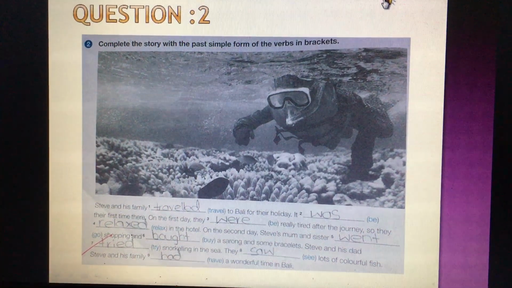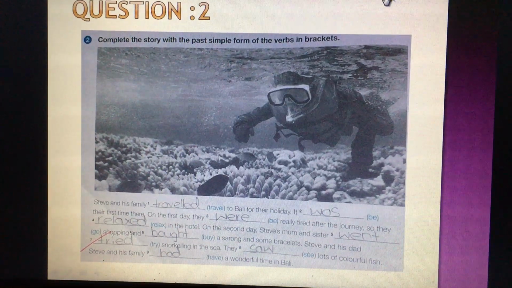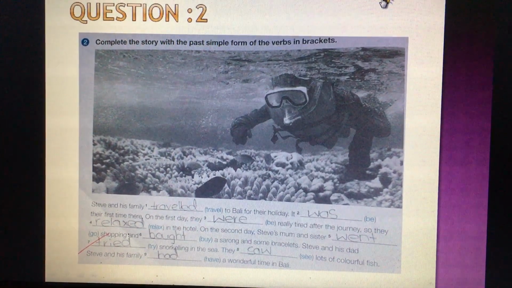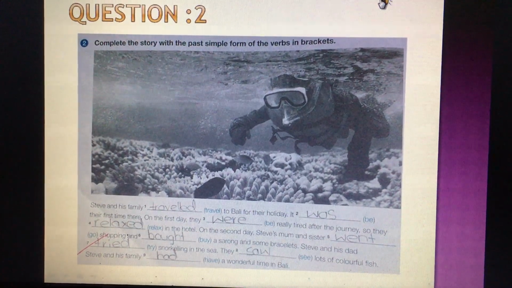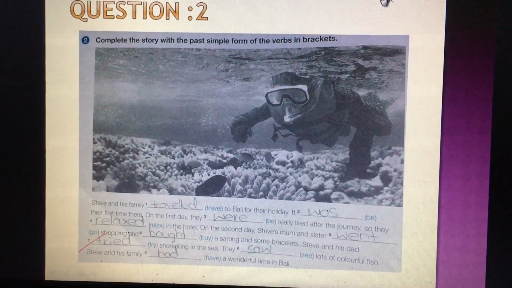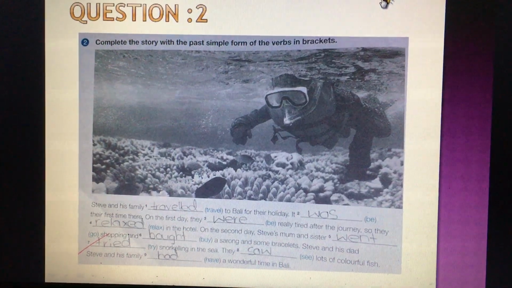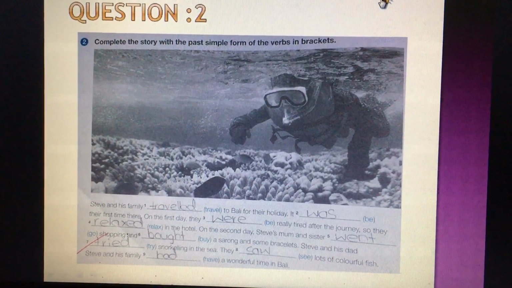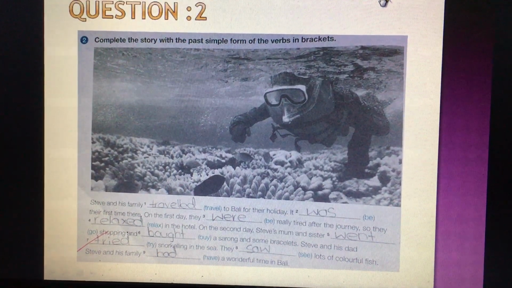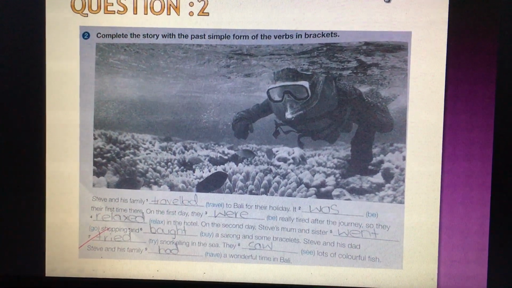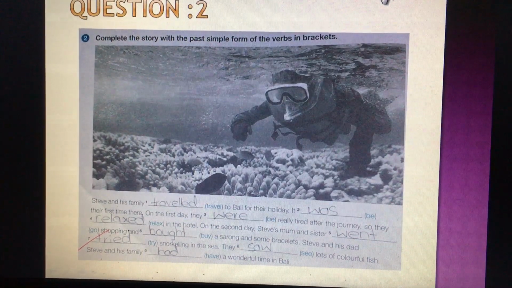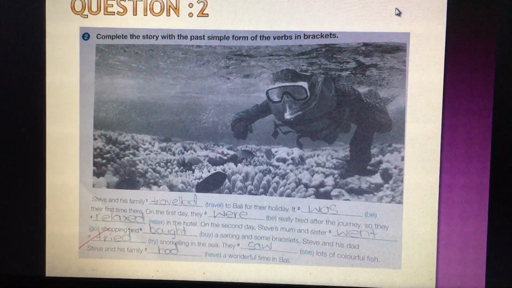Now question number 2. Complete the story with the past simple form of the verb in brackets. Steve and his family travel or travelled to Bali for their holiday. It was or were their first time there. On the first day they were or was very tired after the journey, so they relax or relaxed.